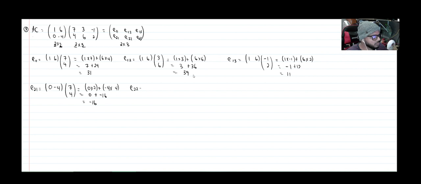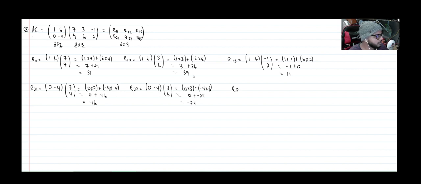E22 will be the second row, 0 minus 4. Second column, which is 3, 6. First by first, plus second by second. This will be 0 plus negative 24, and we get negative 24.